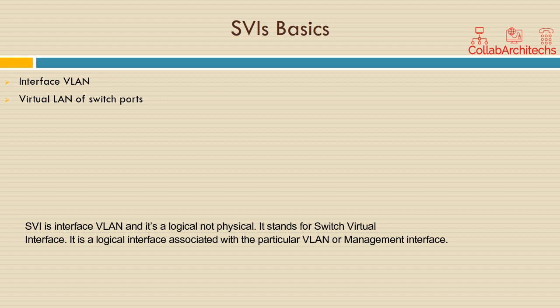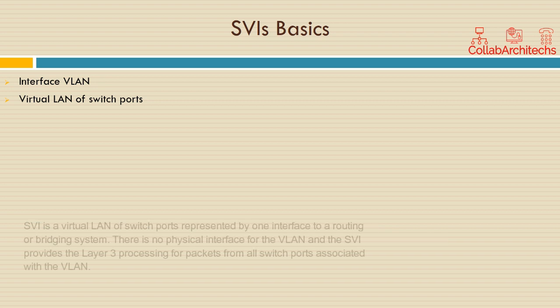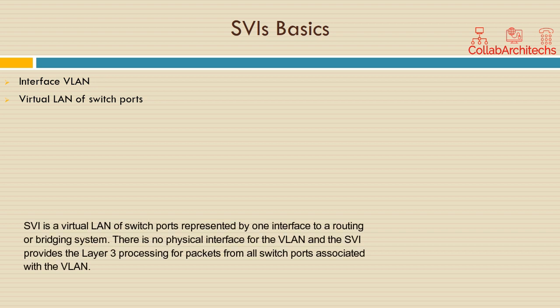It is a logical interface associated with a particular VLAN or management interface. SVI is a virtual LAN of switch ports represented by one interface to a routing or bridging system. There is no physical interface for the VLAN, and the SVI provides the layer 3 processing for packets from all switch ports associated with the VLAN.